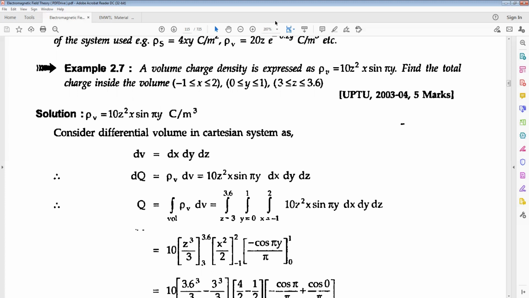We know the differential volume is the product in the Cartesian coordinate system dx, dy, and dz. Got it, my students?